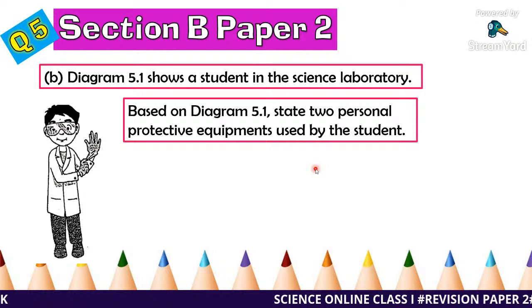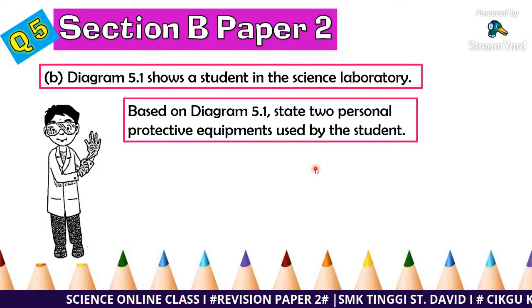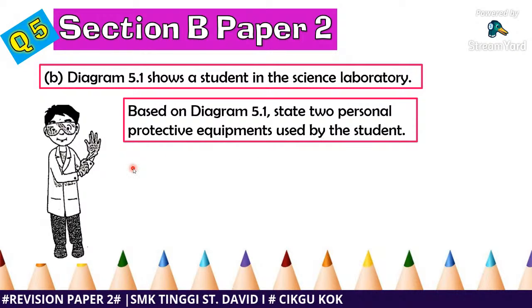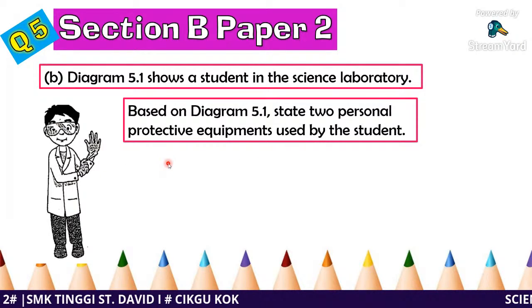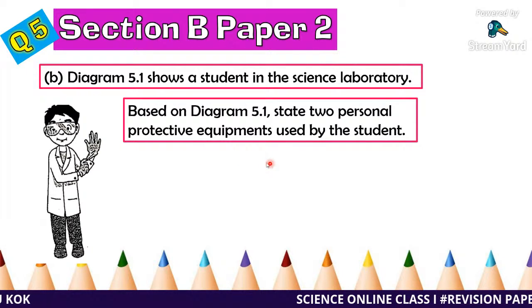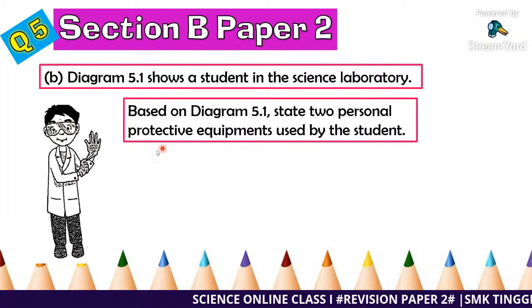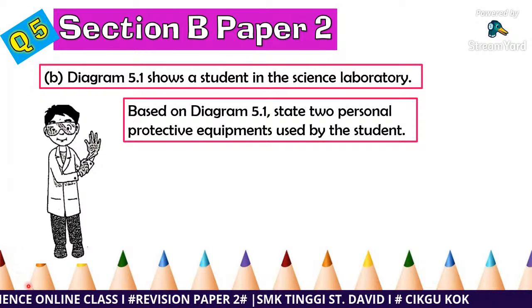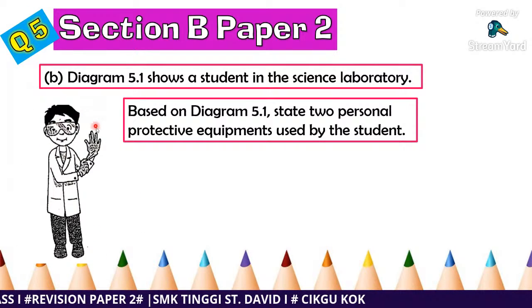Here we have 5, so any 2, you just give me the answer for any 2. We just refer to the diagram, then we know the answer.